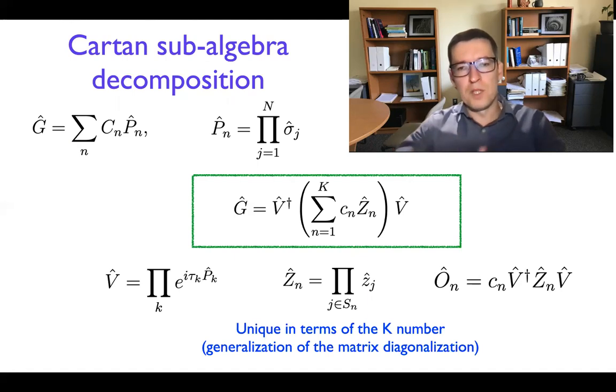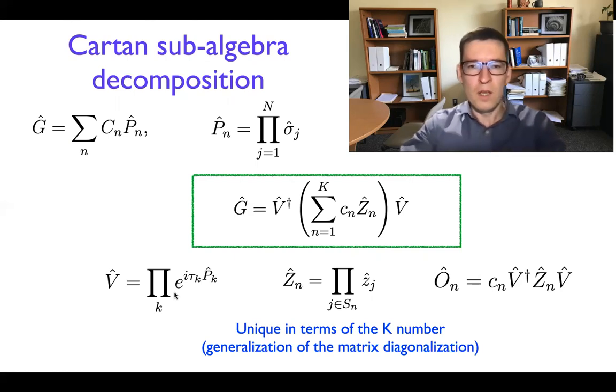Now there is some degree of gauge freedom here, because you can change V somewhat, and that will change the product of Z's that you can obtain. But it turns out that the number of Z products, which will be important for the number of expectation values you need to calculate the gradient, stays the same.